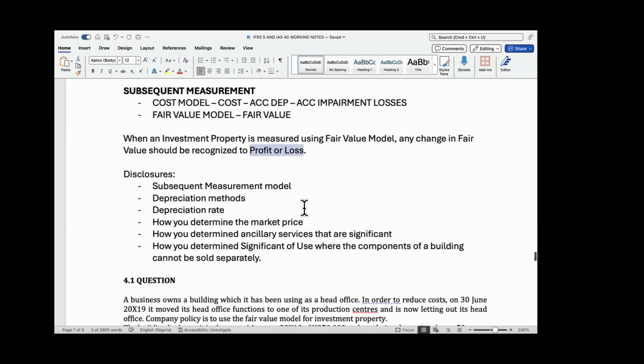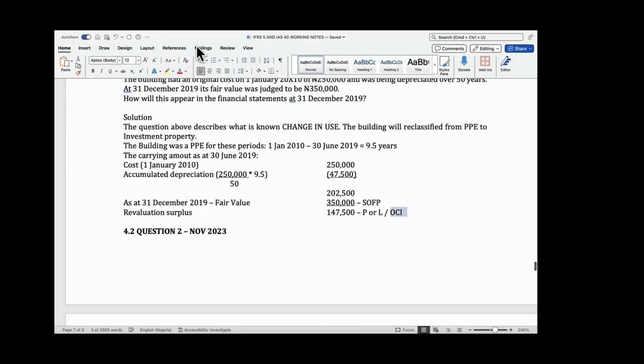Any changes in fair value under revaluation model, that gain or loss would go to OCI, but under fair value model, it goes to P&L. So your reason for going for OCI is not acceptable. I'm not saying you're wrong, but your reason is not acceptable. So let's hear from those that said it should go to P&L.